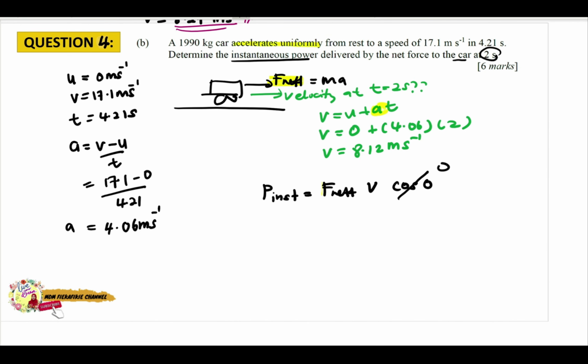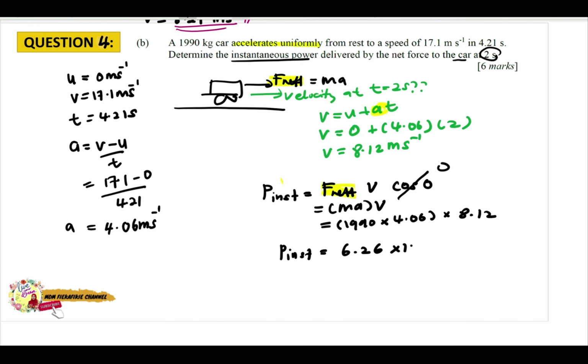So kita boleh tulis MA V. So the mass of the car times the acceleration times the velocity at T is equal to 2 seconds. The instantaneous velocity, 8.12. Therefore, the instantaneous power is equal to 6.26 times 10 power of 4 watt. Okay, so this is the answer.